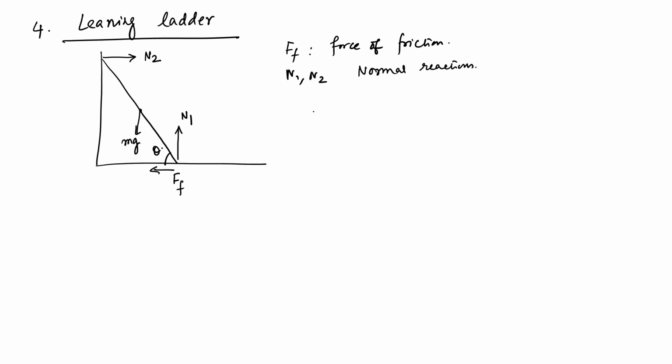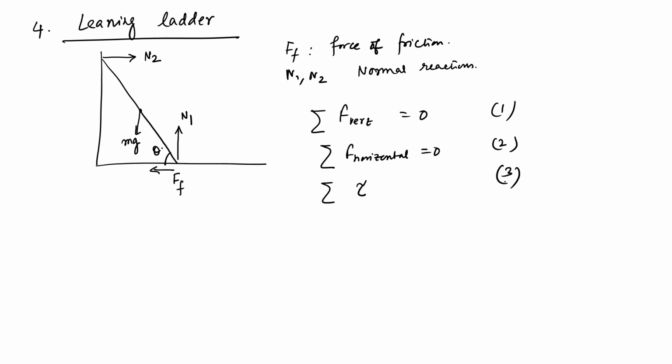What are the things that we have? If it has to be in equilibrium, the sum of all the vertical forces should vanish, the sum of the horizontal forces should also vanish, and there should be no torque. Tau is torque. If it is stationary, then the sum of the torques is 0.